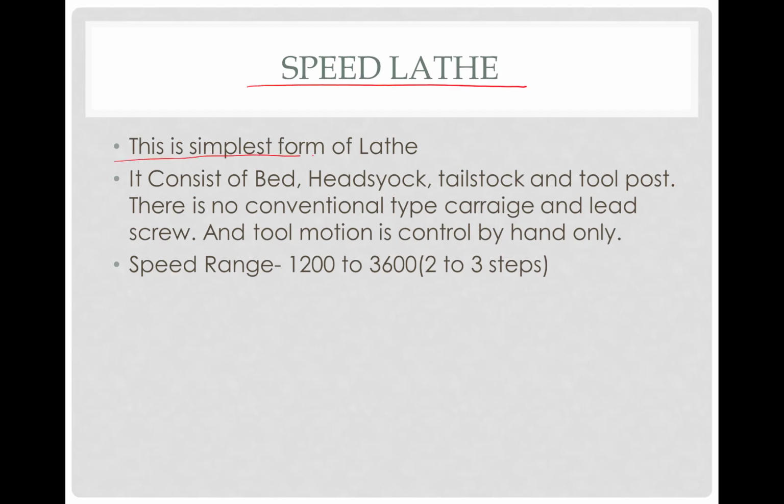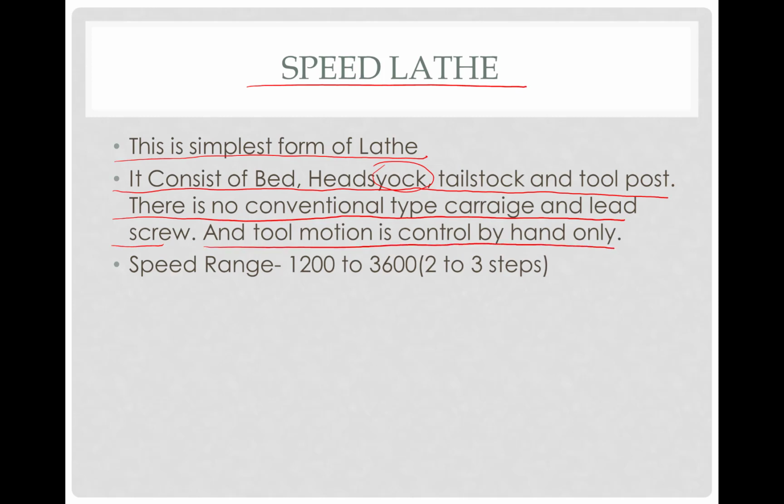This is the simplest form of the lathe. It consists of bed, head stock, tail stock, and tool post. There is no conventional type of carriage and lead screw, and the tool motion is controlled by hand only. You may have seen the woodworking lathes.